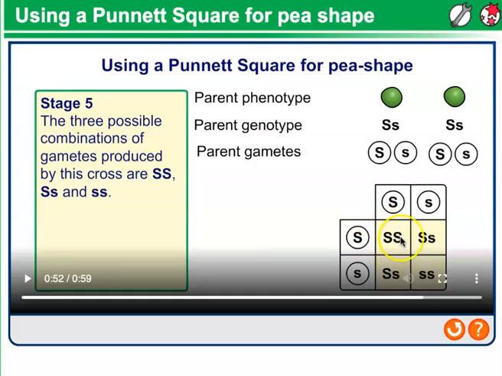Uppercase S and uppercase S will give us a smooth pea. Again, the heterozygous variation will give us a smooth pea as well. So 3 of 4 will end up with the characteristics that the parents had.